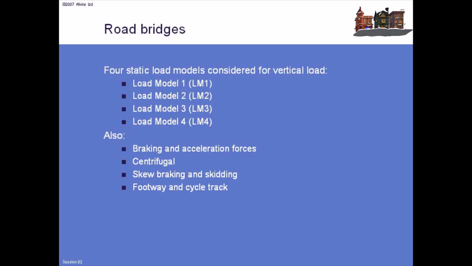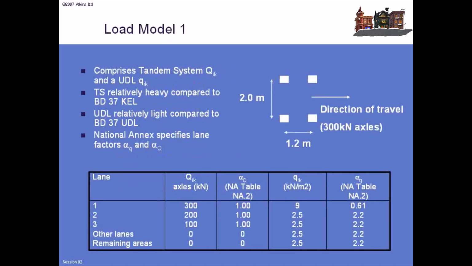Load model 1 is the nearest equivalent to HA loading, but it looks very different. So load model 1 is made up of, in each lane, a tandem system, which is the 4-wheel vehicle that we can see up on the screen here, and it's also made up of a UDL.